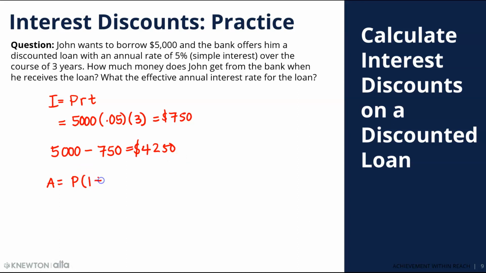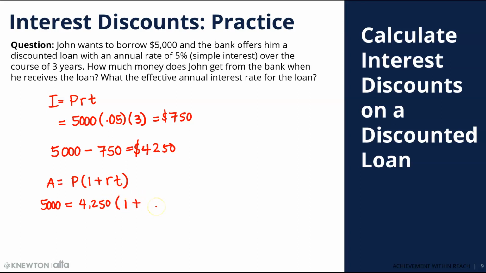Now, this is the future amount, or the amount that John needs to repay. So John will pay the entire amount, $5,000, which already includes the interest. But he only received $4,250. So your P is 4,250 times 1 plus.